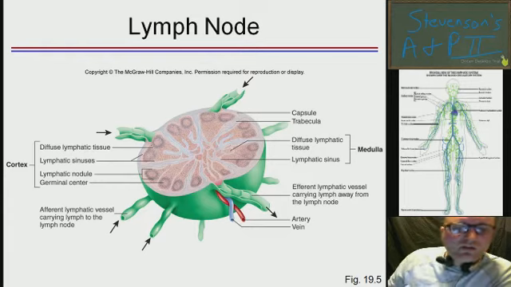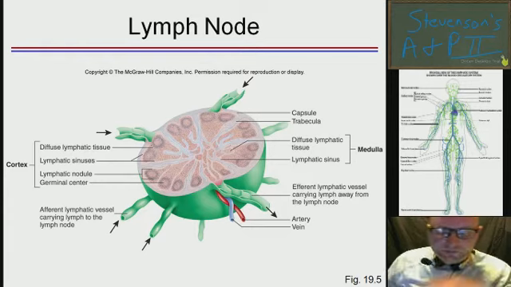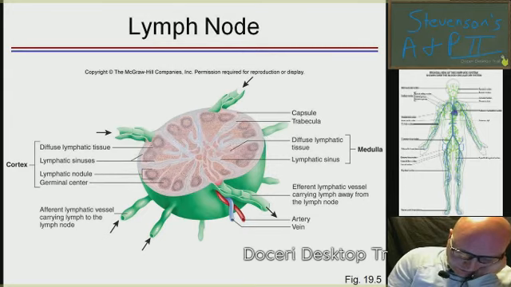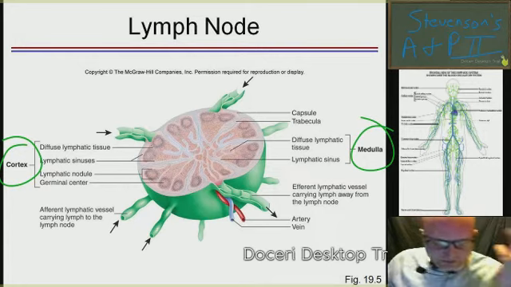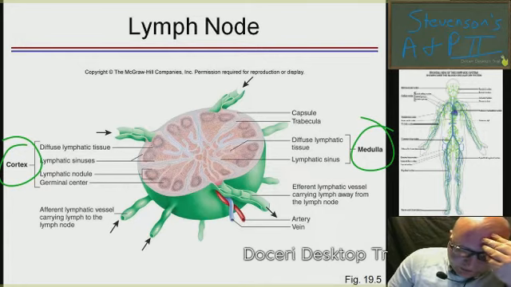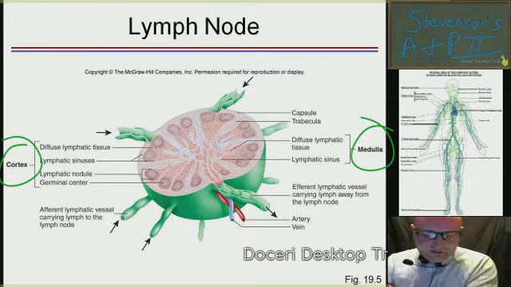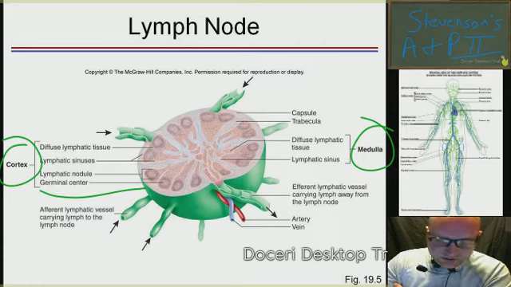So let's look at a lymph node. The lymph node is made up of multiple areas, and let's check these out. The main two areas that it separates into are the cortex and the medulla. Here we look at the cortex, and we find that it's composed of diffuse lymphatic tissue, lymphatic sinuses, lymphatic nodules, and the germinal center.